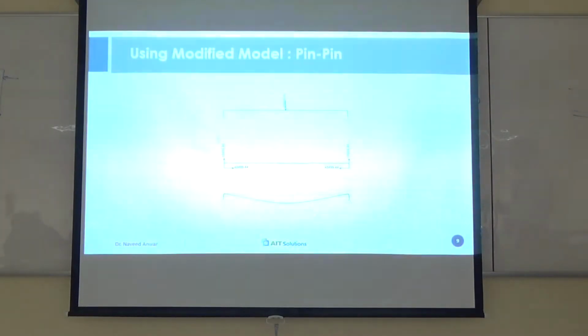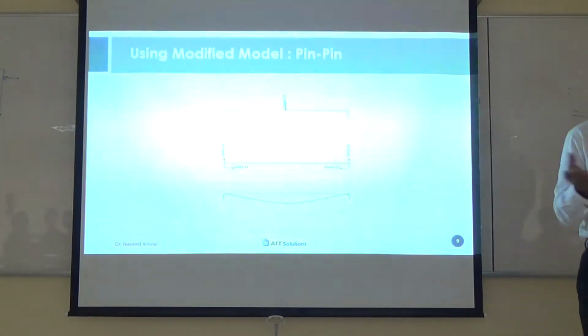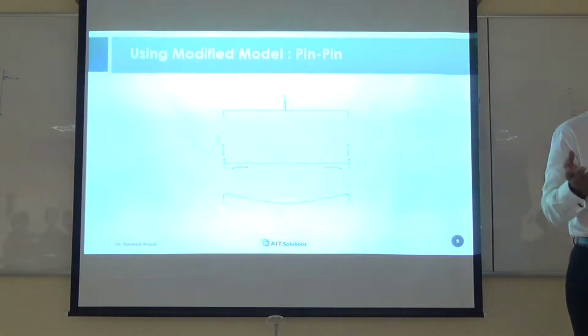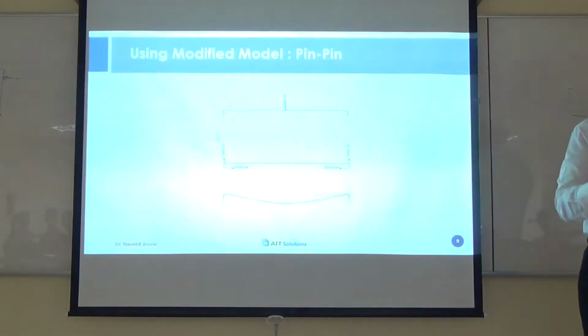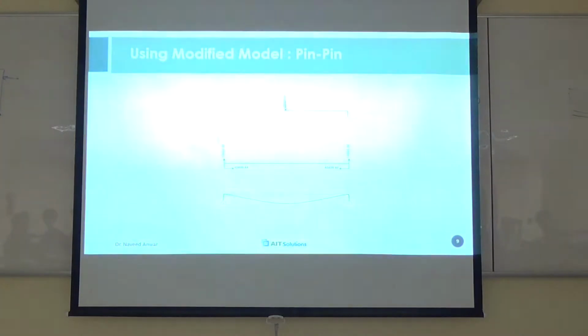Reality is neither pin nor roller. It's a spring because bearing is a spring. So it has a certain shear stiffness, right? So which means that now we cannot assume roller or pin because both of them are giving you different results and both of them are incorrect, because bearing is not a roller and bearing is not a pin. Bearing is a spring which has a stiffness.